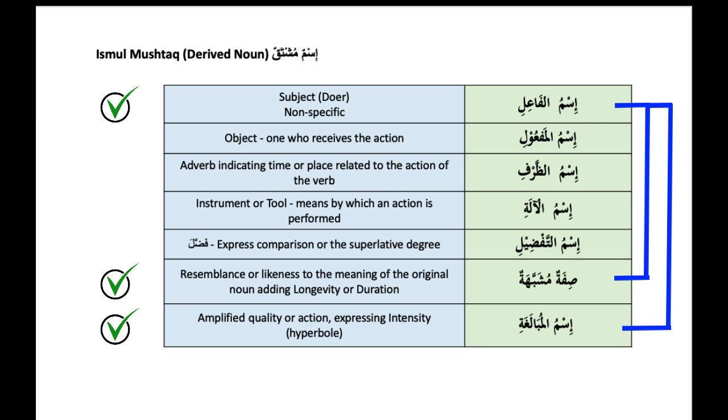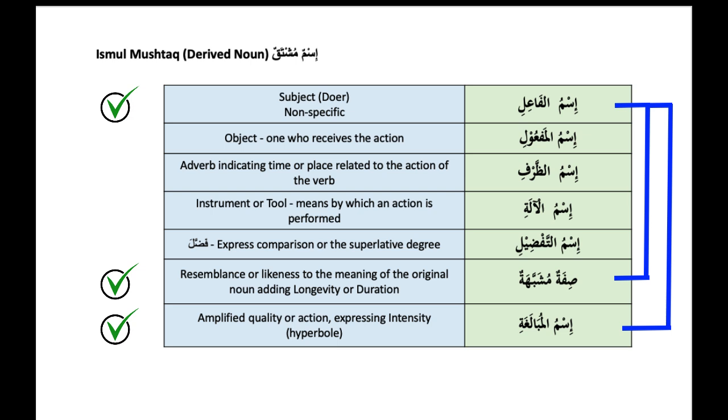Sifate mushabbaha is also a doer, also a subject. Here, there is some information about how the action is done. Ismul mubalagha is also an ismul fa'il, but here, in the same way, there is some additional information about how the action is done.